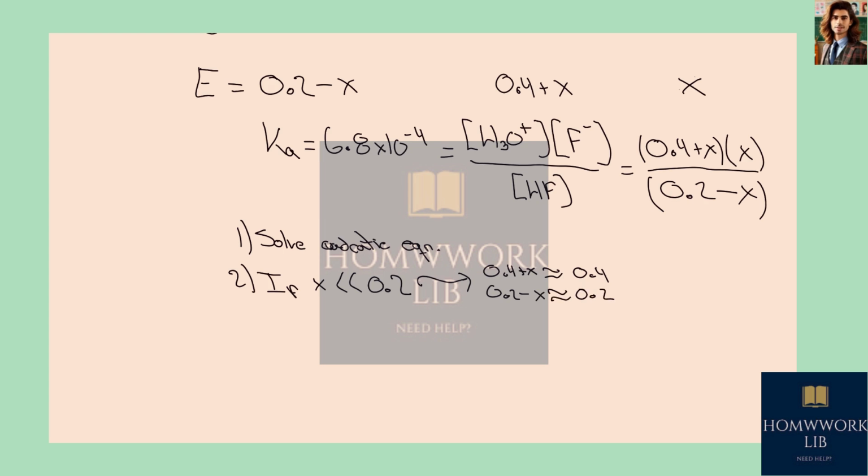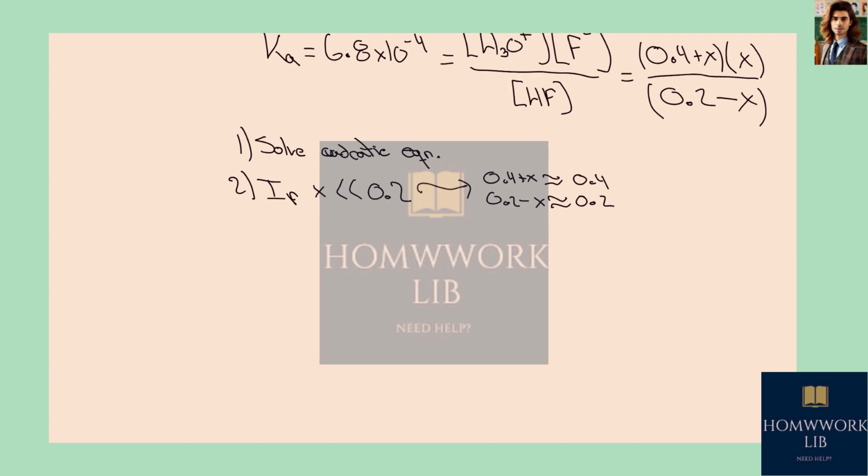Okay. So we can solve it both ways. For the first one, we're going to use the approximation, and then we're going to verify if that approximation makes sense. If it makes sense, the result of x that we find is going to be much smaller than 0.2. Okay?